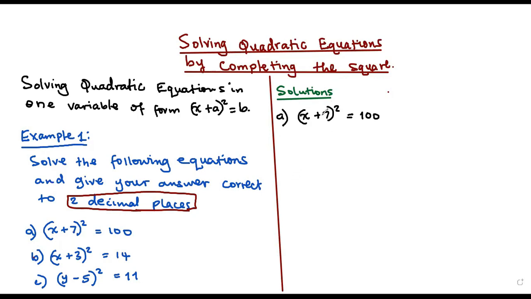Now, we are going to take the square root on both sides such that this squared goes away. Since we have x plus 7 squared is equal to 100, we can take the square root here and we take the square root here.